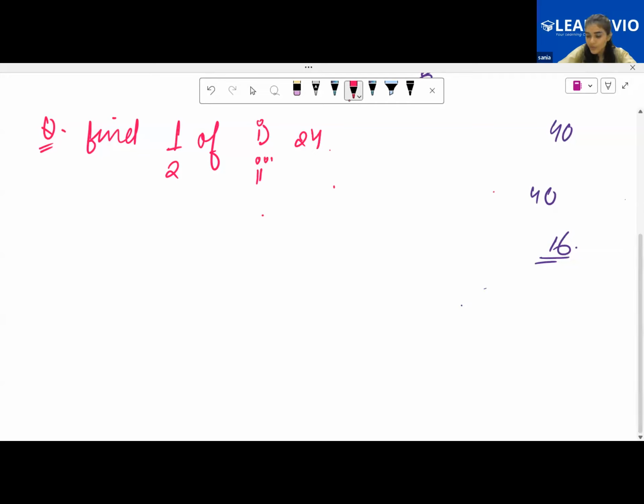Then you have to find 1 by 2 of 46. Okay, like this. So you have two parts for this. So tell me what will be 1 by 2 of 24 and 1 by 2 of 46? 1 by 2 of 24 will be 12, and 1 by 2 of 46 will be 23. Very good.